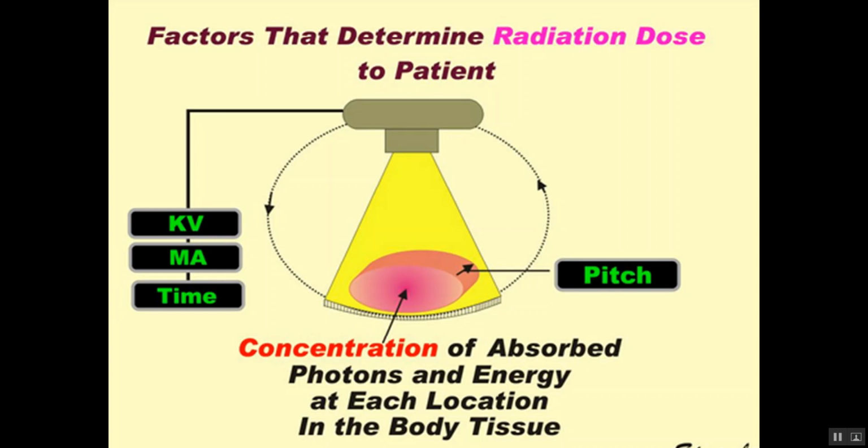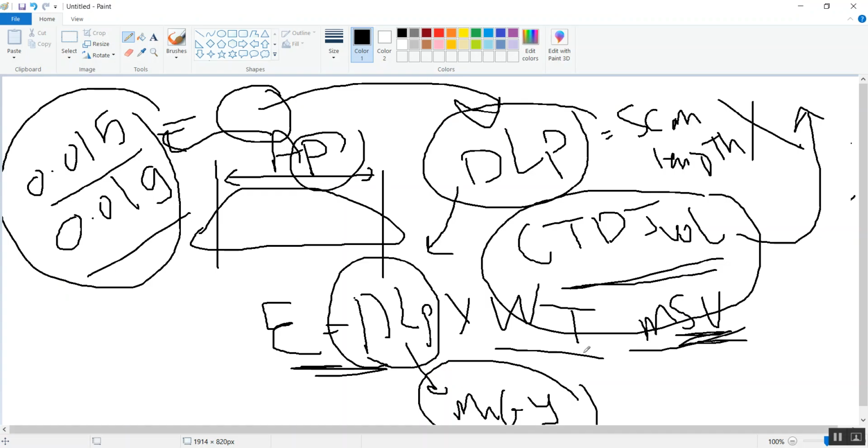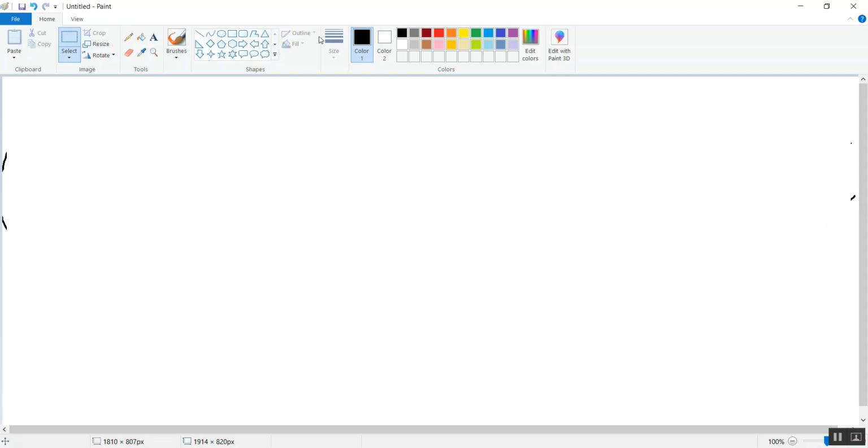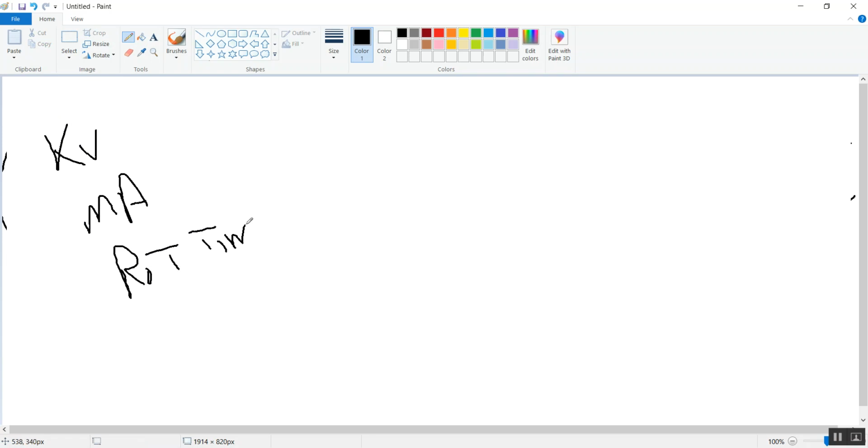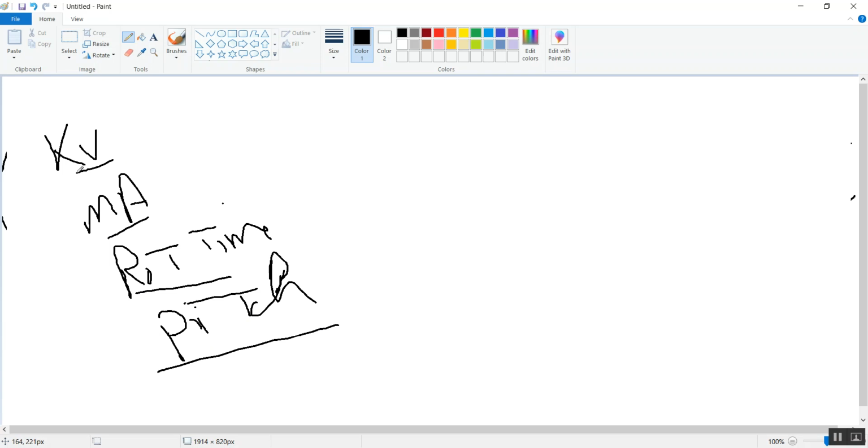What are the factors affecting the radiation dose of the patient? We talked before about the kV and milliampere, and as I told you before, we have different factors affecting the patient dose: kV, milliampere, rotation time, pitch. kV is the main factor.